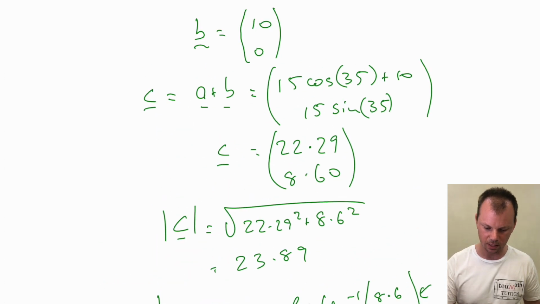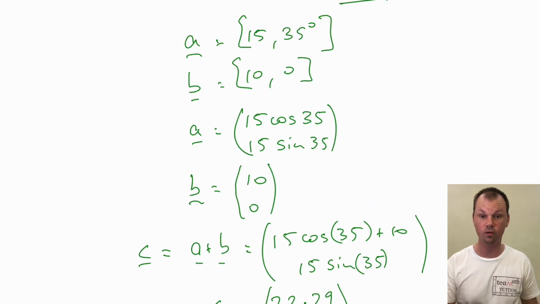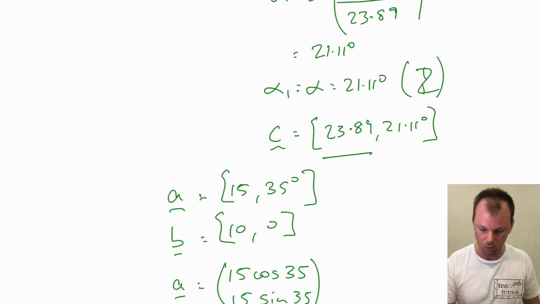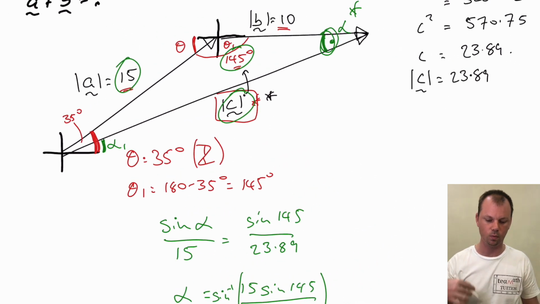So you can see that this method here of converting to component form is a little bit quicker to do, but you do need to know both methods. Adding in polar form involves cosine rule and sine rule.